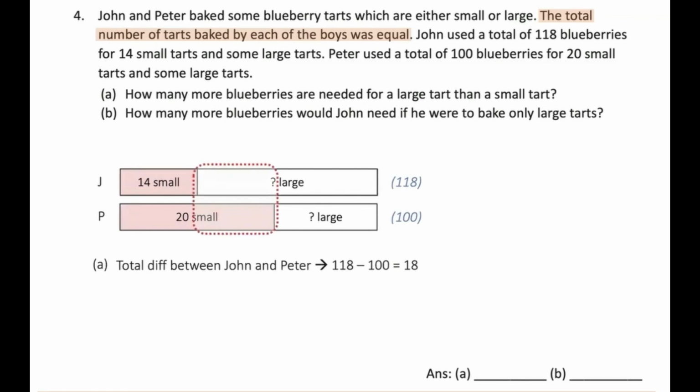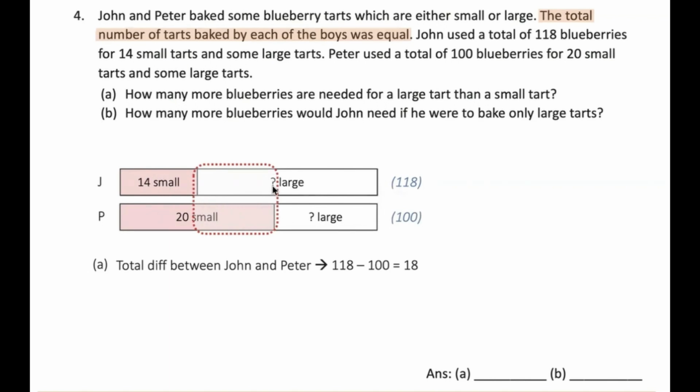Okay, and this difference is the difference between the number of blueberries used. So over here, the difference between the blueberries used in the large tarts and the small tarts is 18. And how many large tarts are here? 20 minus 14. And how many small tarts are here? 20 minus 14.